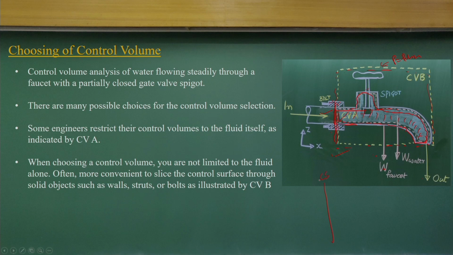If my control surface is like this, with this normal vector, then the velocity vector should be either at 180 degrees or in the same direction, making the n vector and the velocity vector aligned.